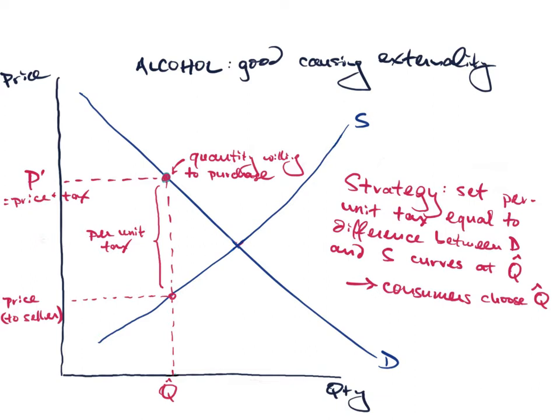Then there will be two different prices in the market. There will be the price to the seller, which is the price without the tax. There's a different price to the consumer, which is the price with the tax. And the difference between these two prices is the amount of the tax. Follow?